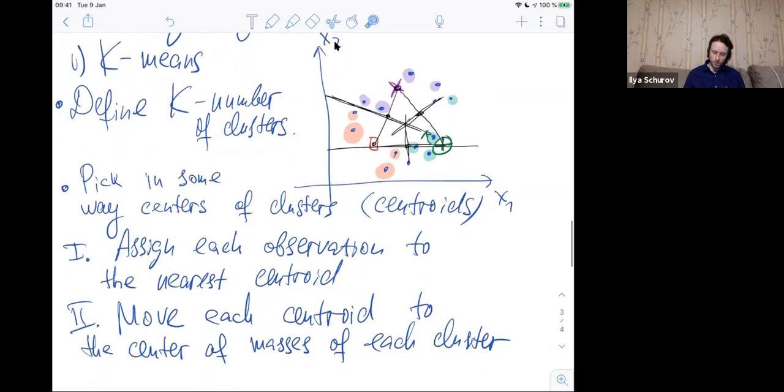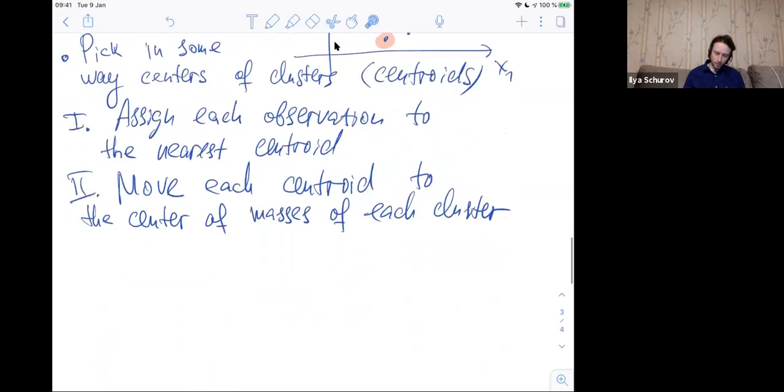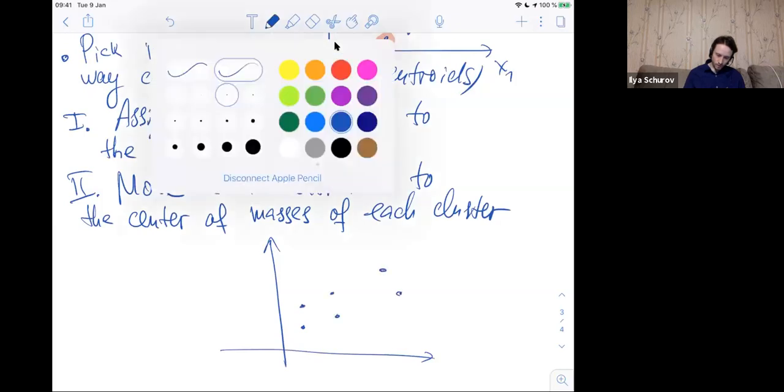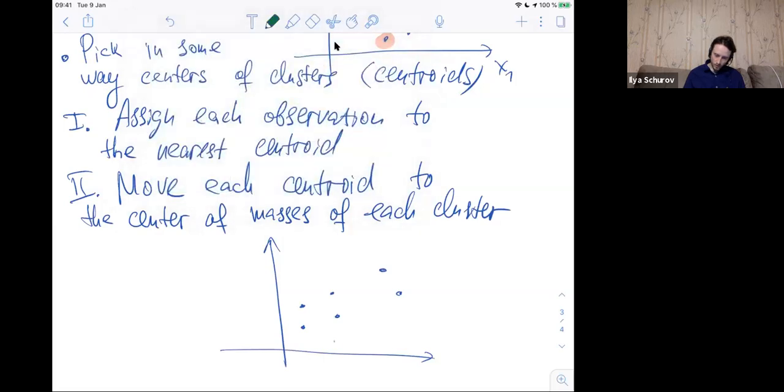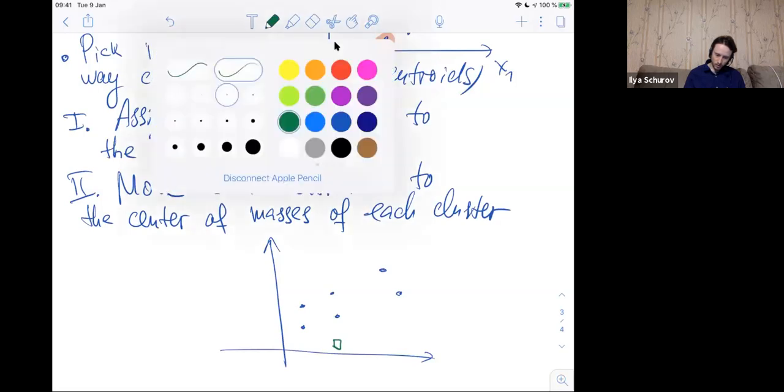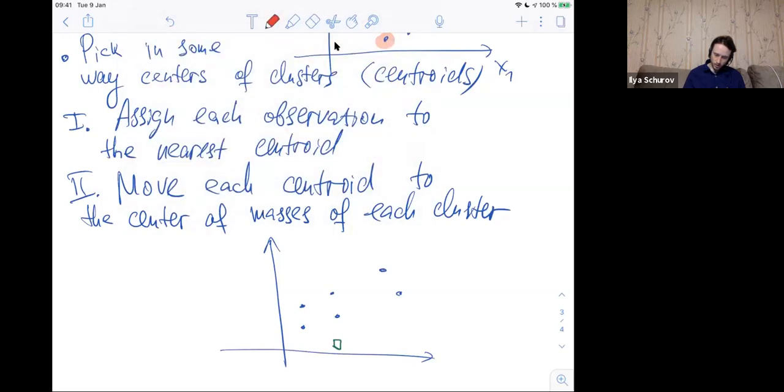Let me draw a bit different picture for which these changes will be more obvious. Assume I have only 2 points. One point is here and another point is here.